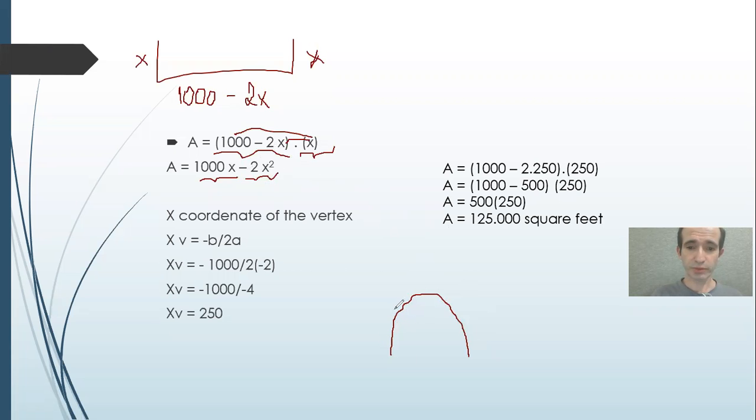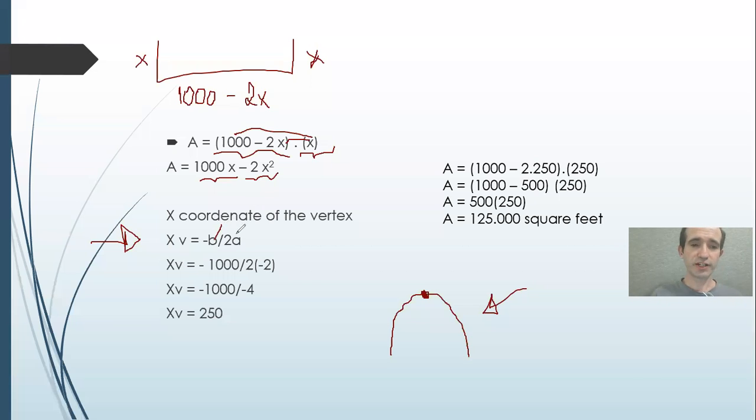So we have a parabola like this drawing, and we have the maximal point here, the vertex, and we can get the x coordinate of the vertex using this formula, all right?